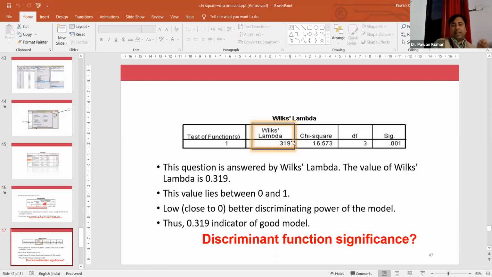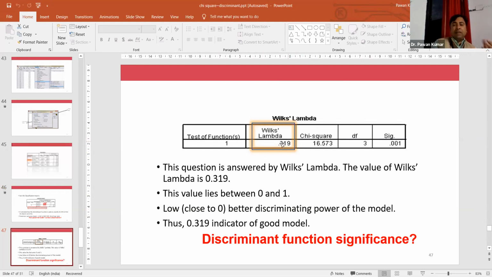Then you have the Wilks lambda. The Wilks lambda value should always be between 0 and 1. The lower the value, close to 0, the better the discriminating power of the model.